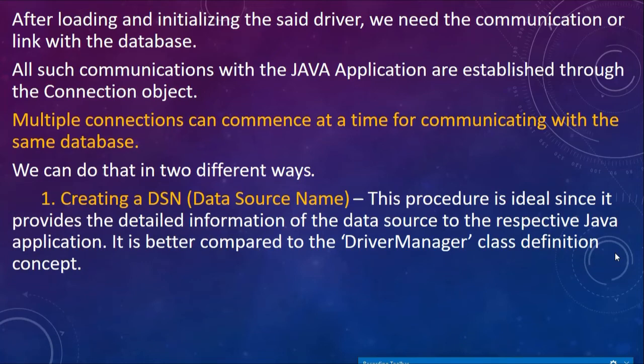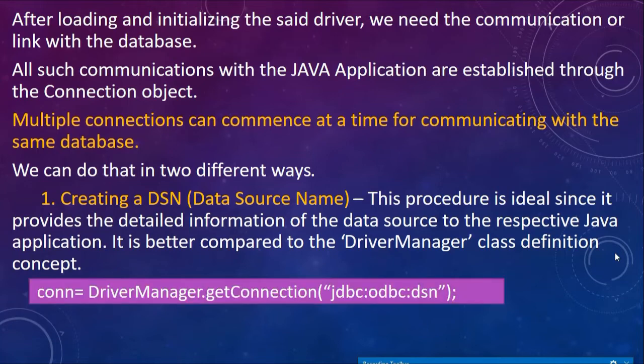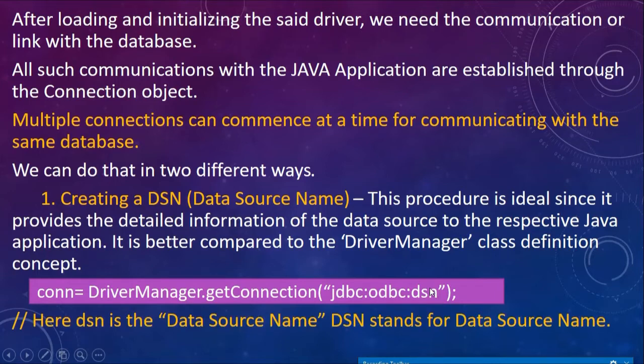This procedure is ideal since it provides the detailed information of the data source to the respective Java application, and it is better compared to the driver manager class definition concept. So we can say con = DriverManager.getConnection with jdbc:odbc:dsn, where this dsn is nothing but the data source name.